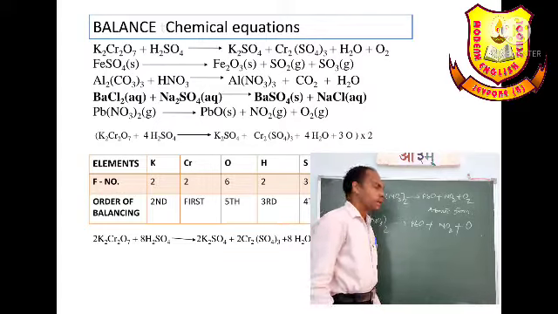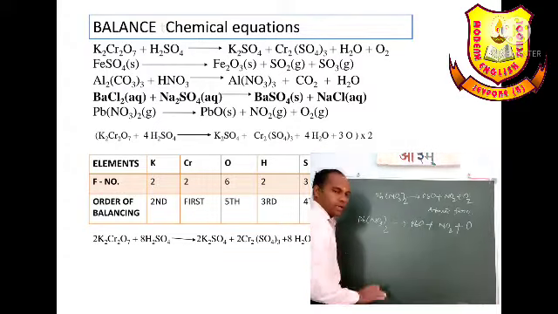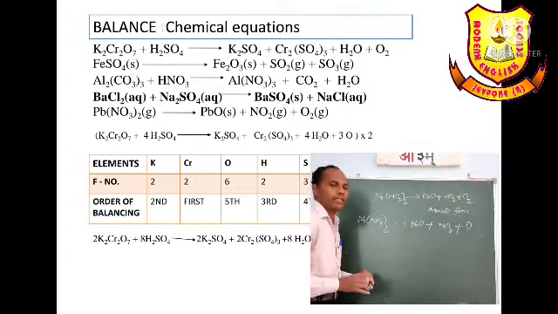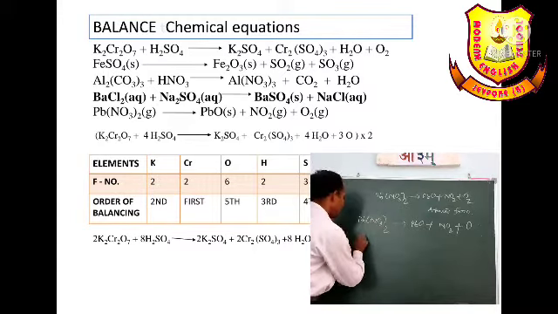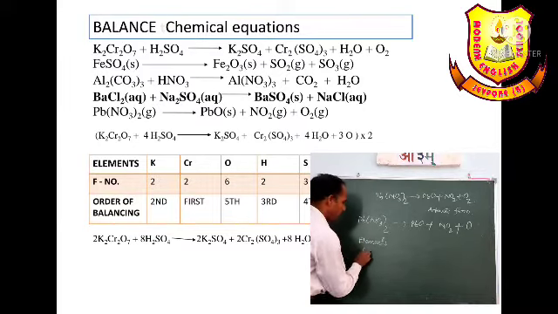Okay, now according to our rules, we have to balance. What do we have to write first? You have to write the elements, then the f number, then the order of balancing.